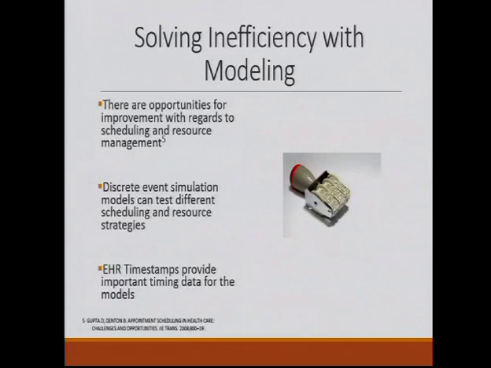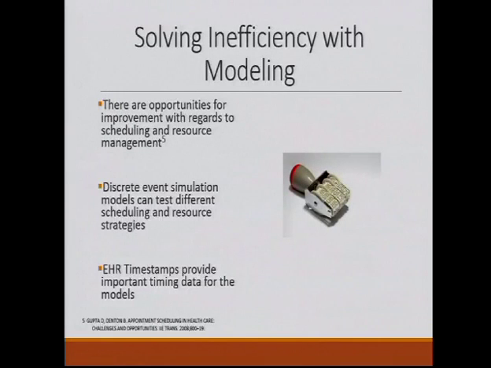Basically one way to do that is with discrete event simulations. You can create models of your clinics and try and test new ideas, switch models, and see what you get by doing that. But for a model like that, you need a whole lot of data in order for it to run effectively. So where does the data come from? Well, electronic health records keep track of every person who's logging in and out of them all the time.